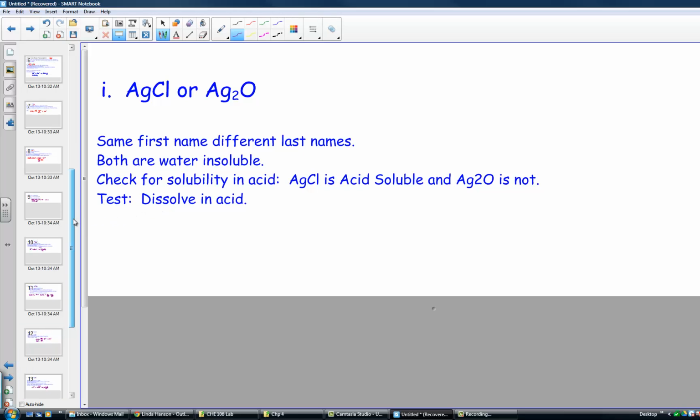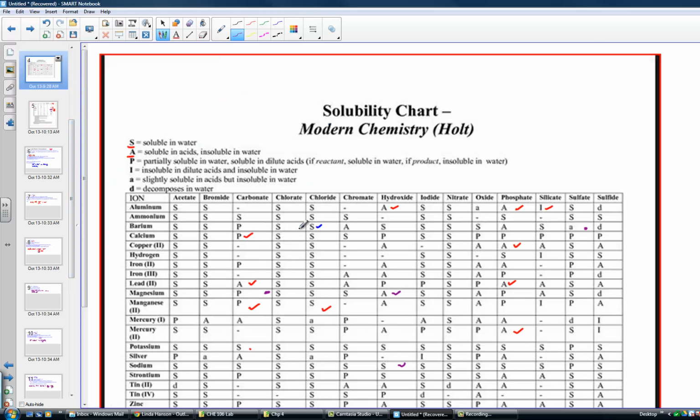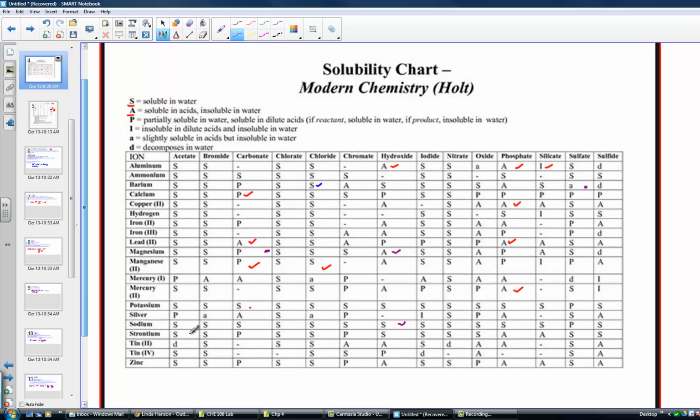Now let's be clear, just go back up and look at your chart so you understand where I'm coming up with these tests. Silver chloride versus silver oxide. So silver, I'm going to scroll way down, pull it up on the screen. Here's silver. Silver chloride has a little A in the box. Silver oxide has a P in the box.